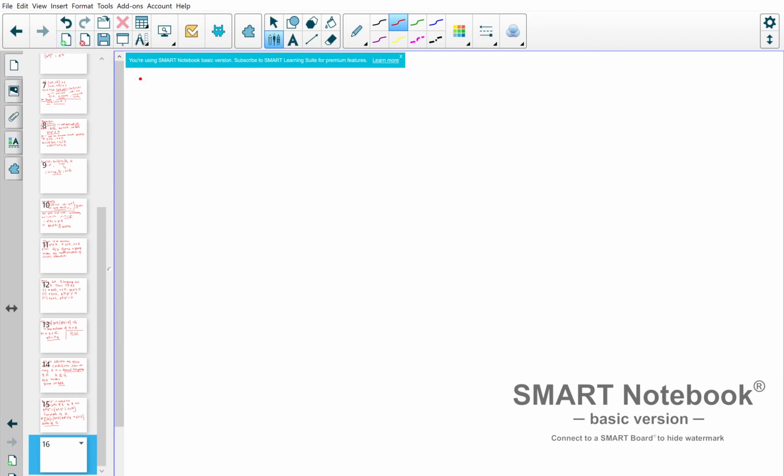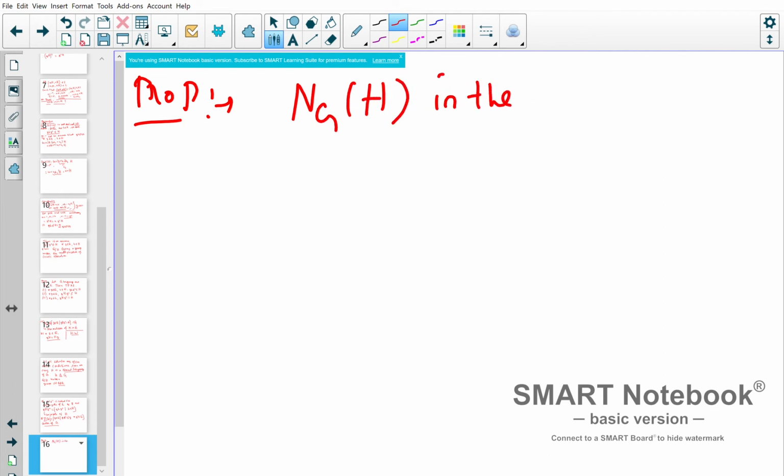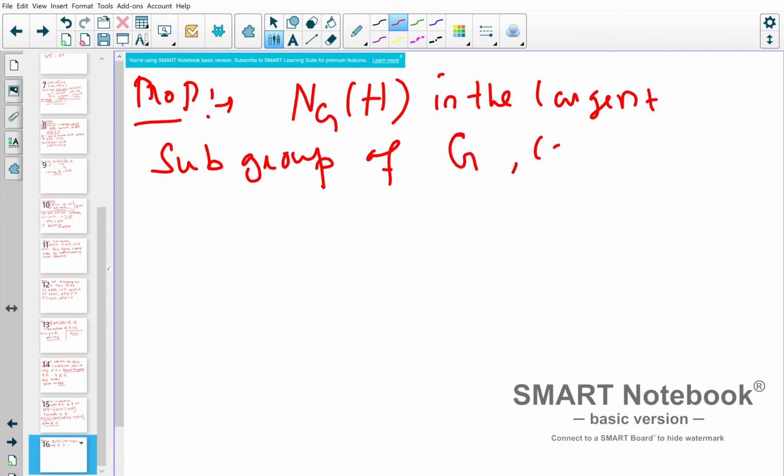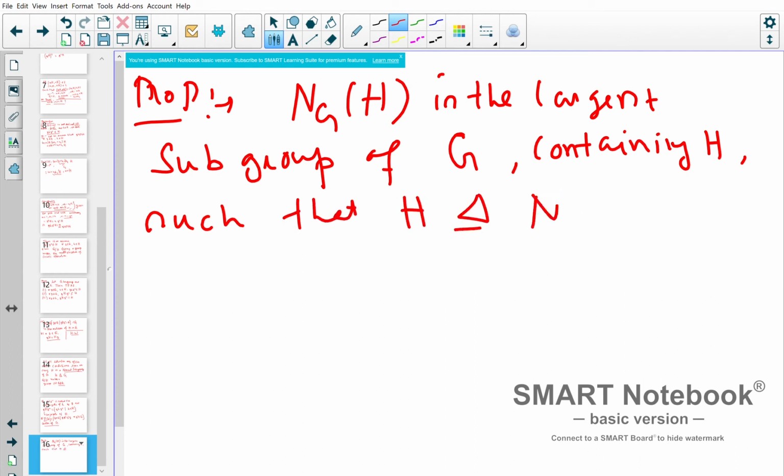You check that N_G(H) is the largest subgroup of G, obviously containing H, such that H is a normal subgroup of N_G(H).